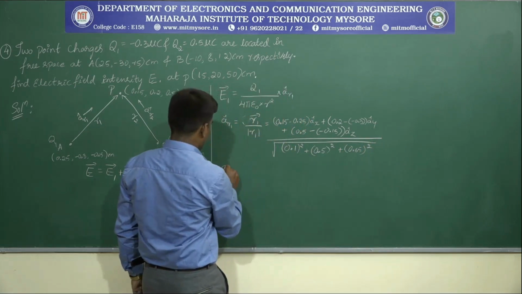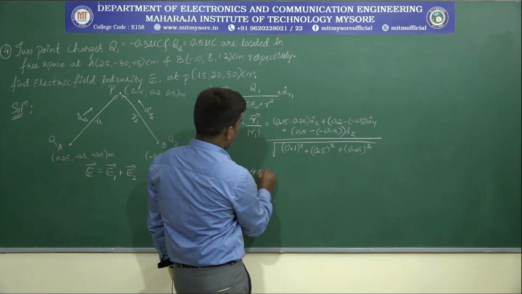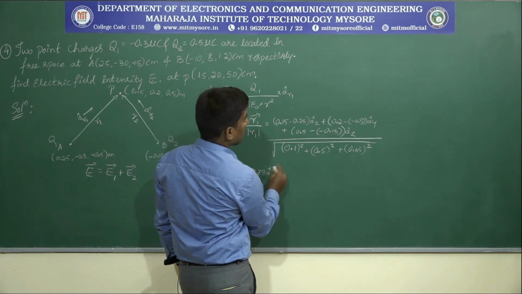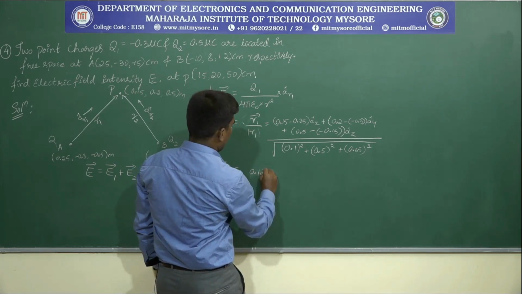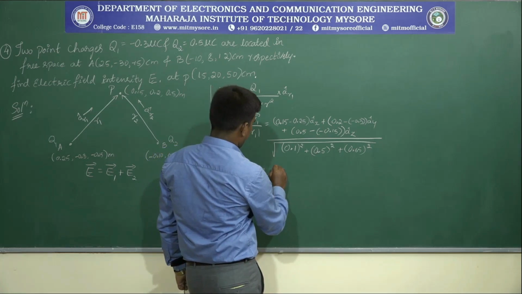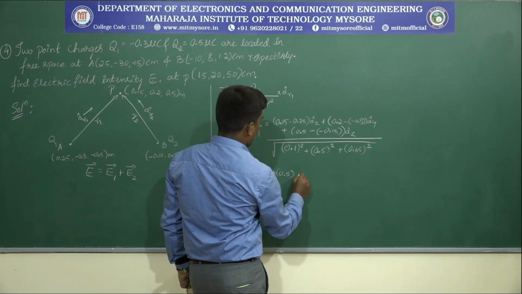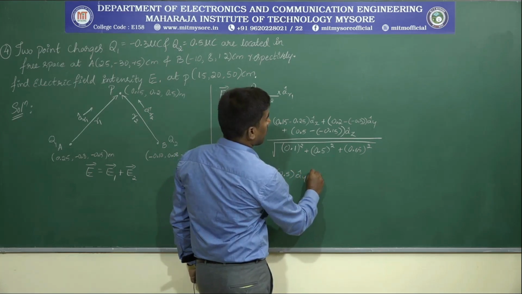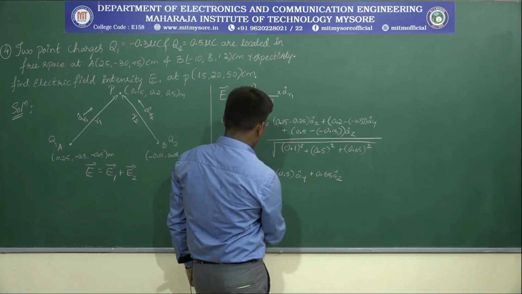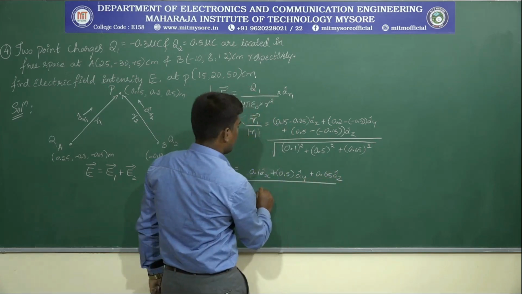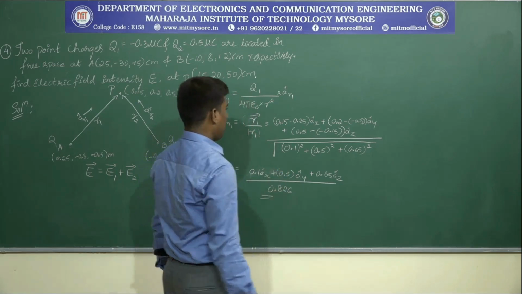On solving this, A cap R1 is equal to 0.1 A cap X plus 0.5 A cap Y plus 0.65 A cap Z whole divided by 0.826. This is what we are going to get.